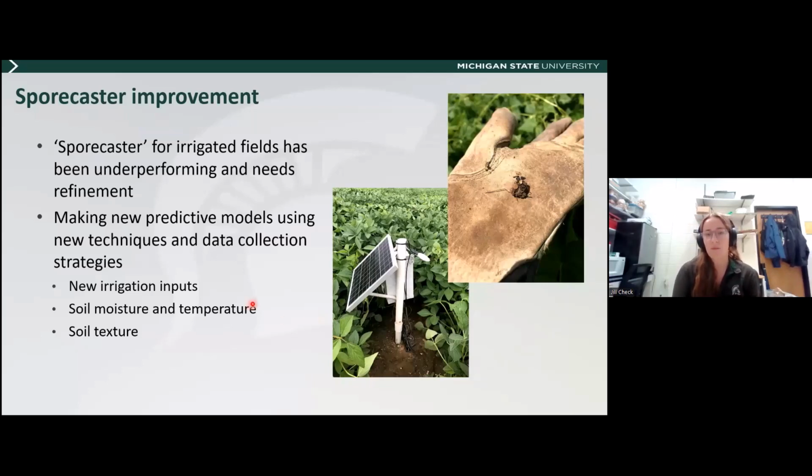So we hope that by including factors like how much we're irrigating, how often we're irrigating, and those effects on soil moisture and temperature, as well as soil texture, so really sandy soils versus clay soils at our locations, will help to improve our ability to predict the presence of apothecia. And we're working on that with Dr. Jensuk Dong here. Pictured there is one of his weather stations that he builds and puts out for us to monitor all those on-site conditions.